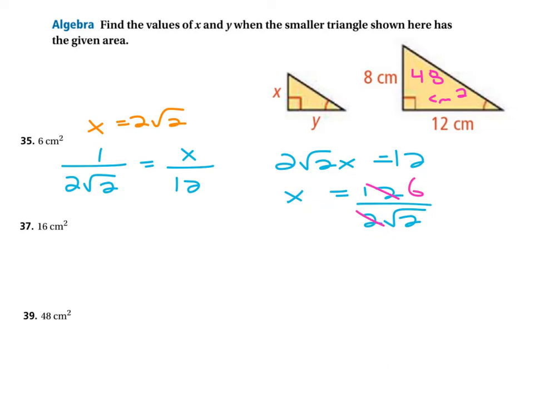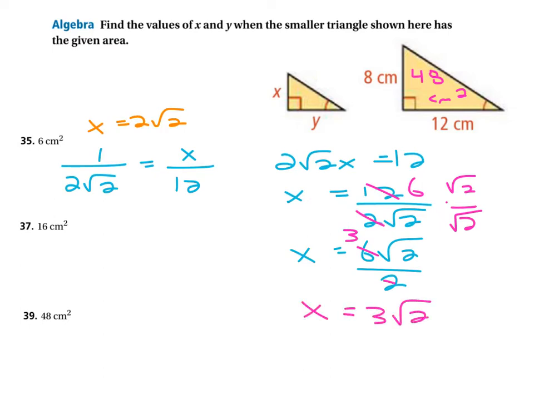Those cancel out to be a 6 over root 2. And when we rationalize by multiplying by root 2 top and bottom, we get x is equal to 6 root 2 over 2, or because those simplify as well, x is equal to 3 root 2, or y rather. I said x the whole time. That must have been confusing. I'm sorry, that should have been y because I was finding the other side. My mistake. Okay, so then y is equal to 3 root 2.